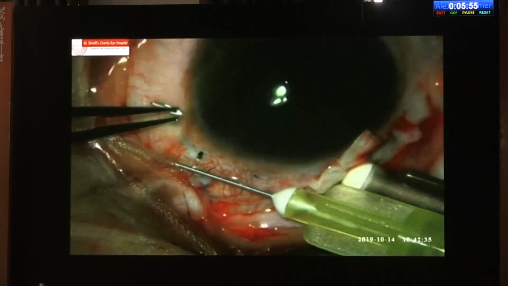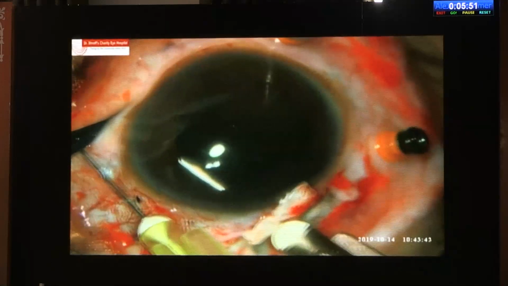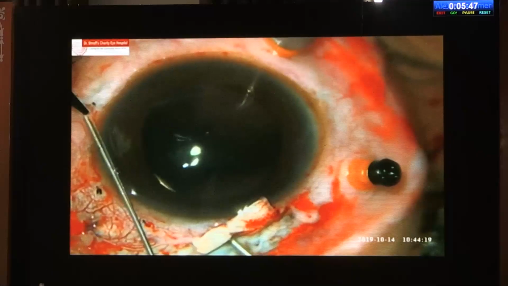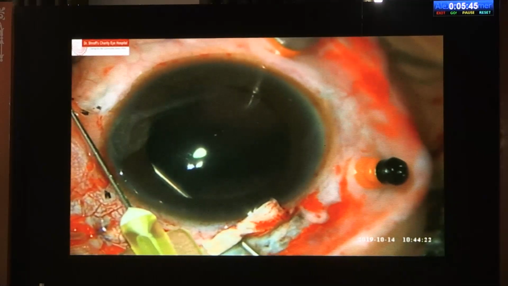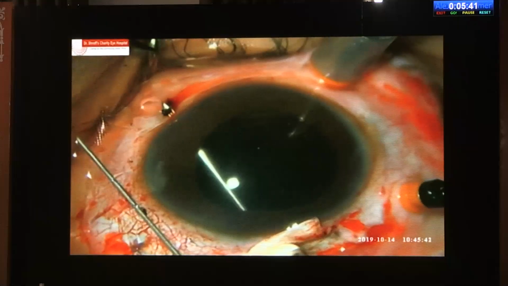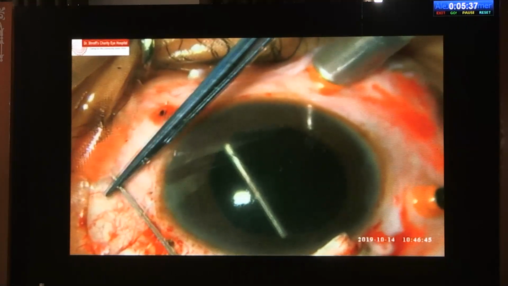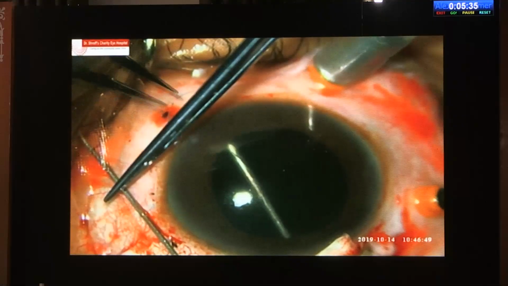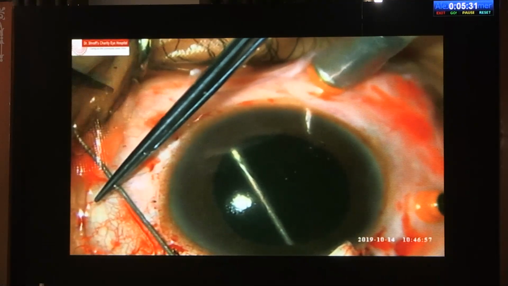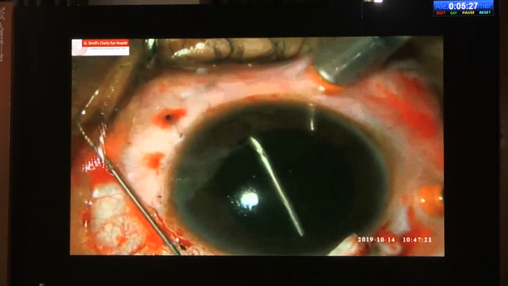This was repeated multiple times and multiple loops were taken out, which were kept in place with the help of the 30-gauge needle. The 30-gauge needle was extended to keep all the loops in place and the suture was finally pulled out.